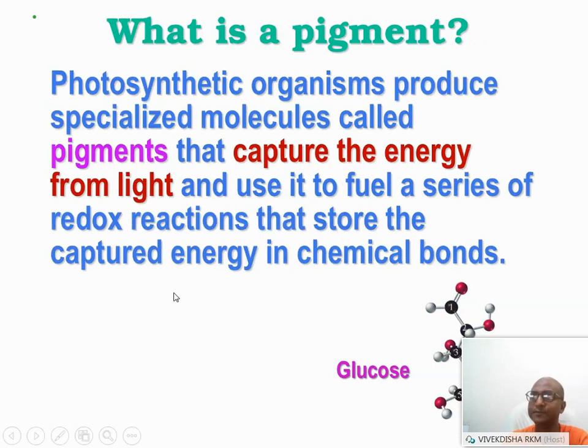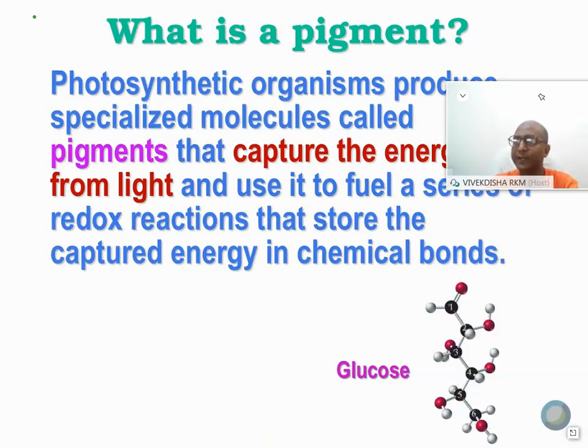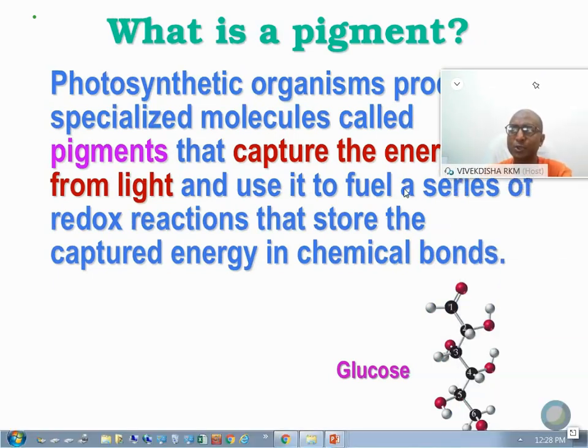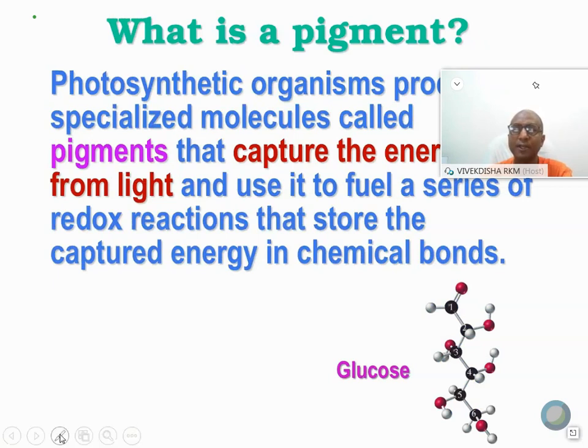To get the idea, photosynthetic organisms produce specialized molecules which can capture energy, especially from light, and use this energy in different types of redox reactions in order to form chemical bonds. In glucose, you will find carbon, hydrogen, oxygen all attached together. How? Because that energy is trapped.